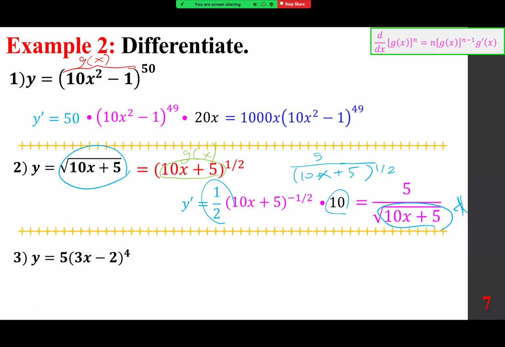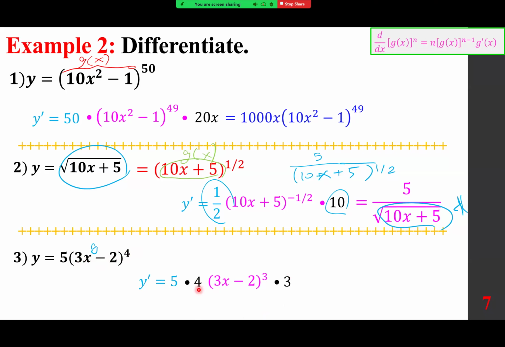5 times 3x minus 2 quantity to the power of 4. This is your g function. So the 5 remains, everybody, first. Now we just work with this one, 3x minus 2 to the power of 4. We follow the extended power rule. So we bring the 4 in front, same thing to the power of 3, and then the derivative of 3x minus 2 is 3.